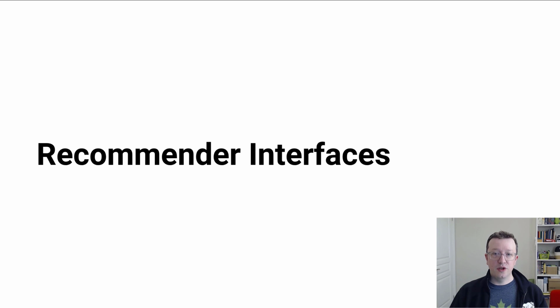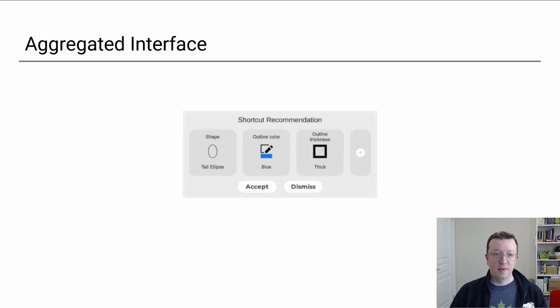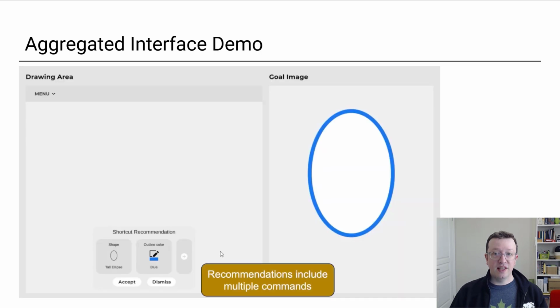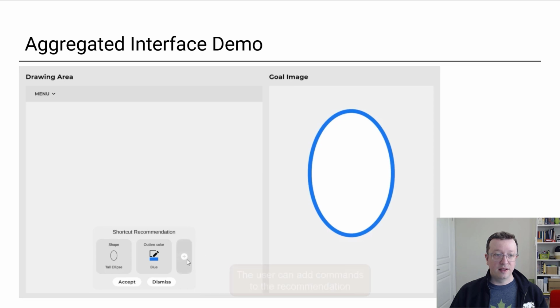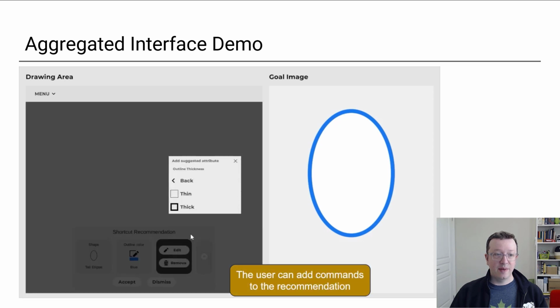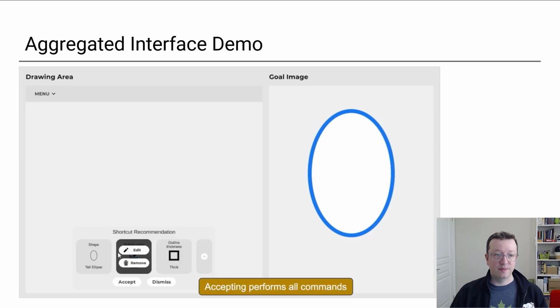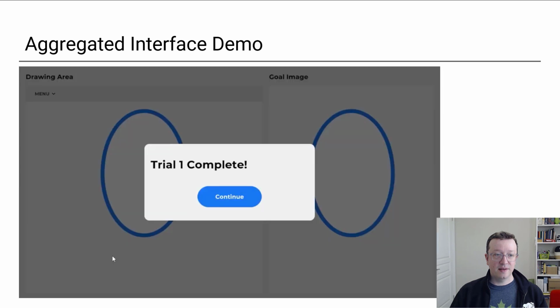Next I'll show the 2 recommender interfaces. Here's an example aggregated recommendation with 3 commands in it. Clicking accept would perform all of the commands, and dismiss would dismiss them. Here's a demo that shows the aggregated interface in action. Here the user adds a command to the recommendation, and then accepts it.